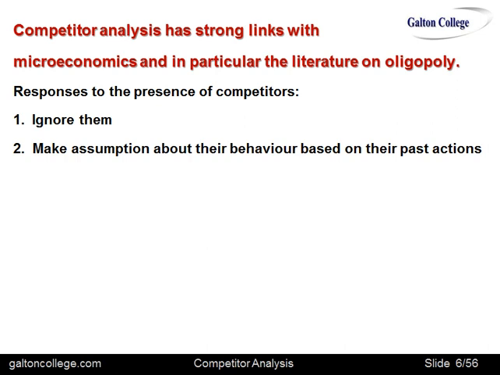The problem here is that past behaviour may not be a good indicator of future behaviour. Because people did certain things in the past doesn't mean they're going to do that in the future. And because businesses acted in a certain way in the past doesn't mean that they're going to implement the same strategies and the same tactics in the future. So making assumptions about behaviour based on past behaviour is not necessarily a good thing to do.